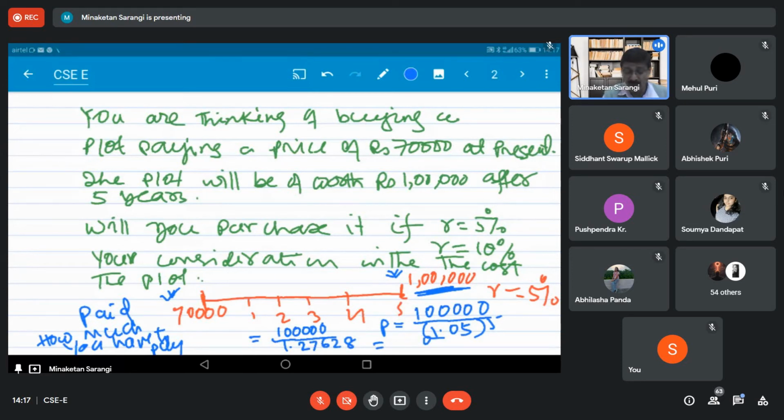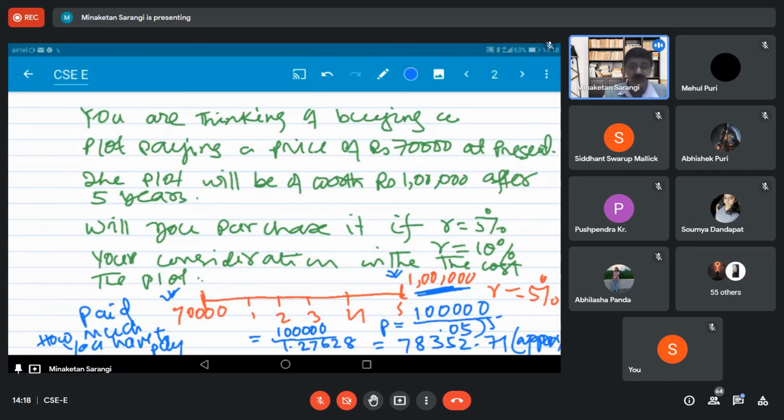1 lakh divided by 1.27628. So we are getting approximately 78,352.71. So you paid 70,000 to purchase that.